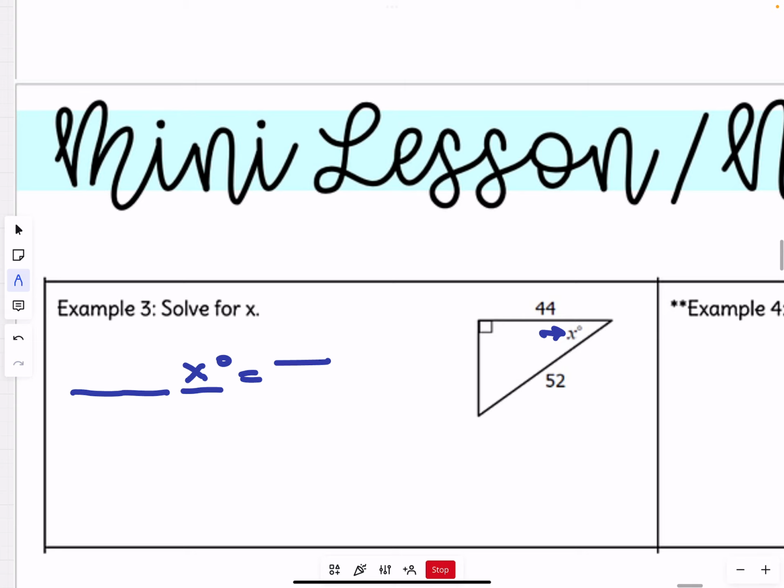I know with this triangle, I have the hypotenuse and I have the adjacent side. So which of my trig ratios uses adjacent and hypotenuse? That is going to be cosine. Cosine is adjacent over hypotenuse, or 44 over 52.